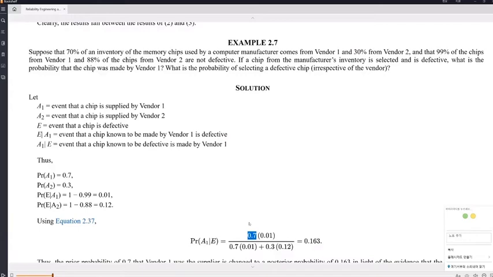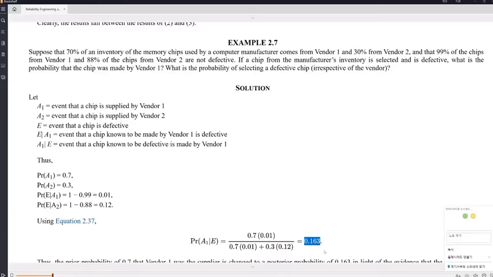That is the a priori probability. With this new information that the chip is defective, after that new observation, the probability that the chip came from vendor 1 now changed to 0.163.